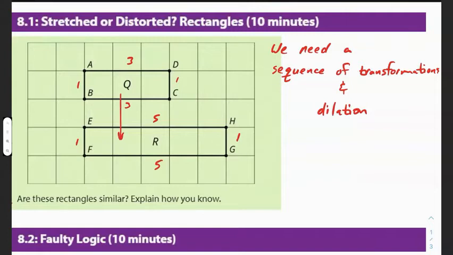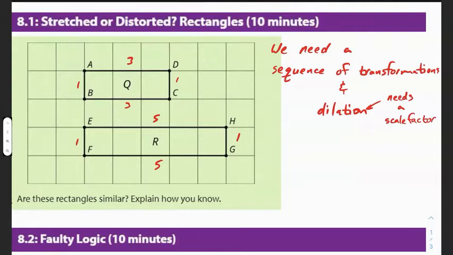I agree with that idea, but dilation's freaking me out because dilation needs a scale factor, right? Dilation needs a universal scale factor. So the scale factor has to be applied to each corresponding side.